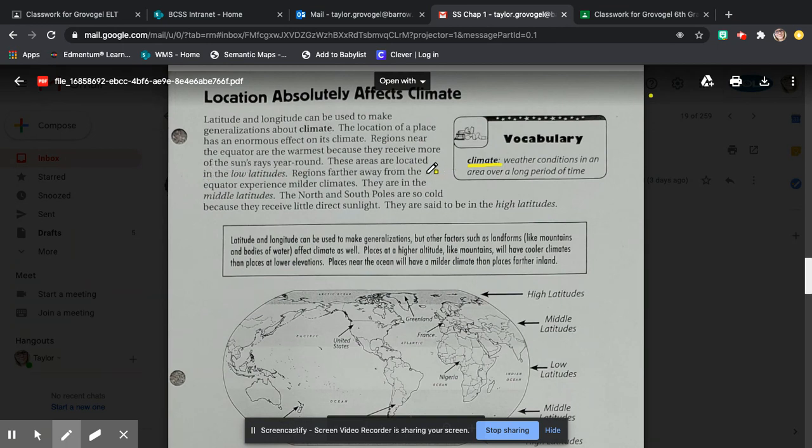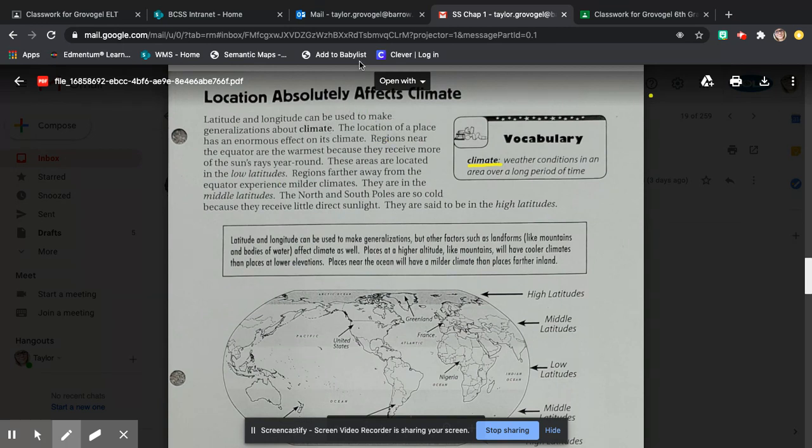Regions further away from the equator experience milder climates. They are in the middle latitudes. The north and south poles are so cold because they receive little direct sunlight. They are said to be in the high latitudes.